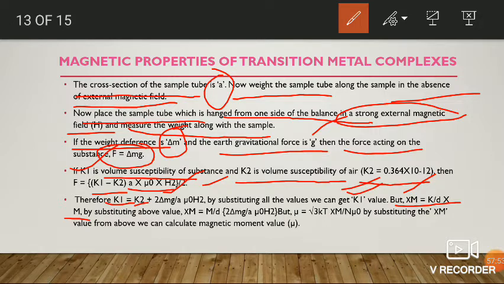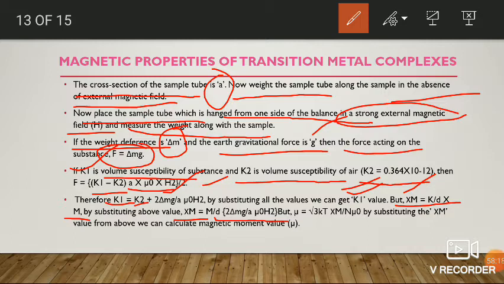By substituting this K1 value here, we get chi m equal to M by D into 2 delta M g by A mu 0 H square. We get the chi m value, the molar susceptibility, from the K1 value.